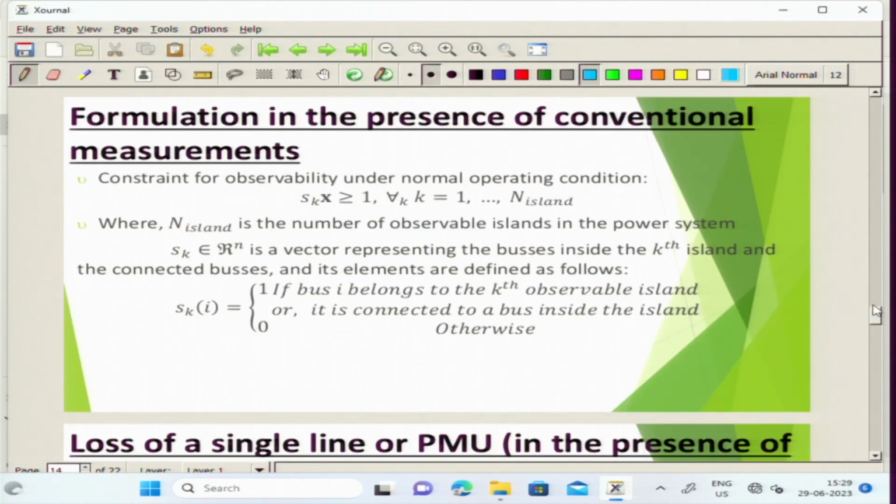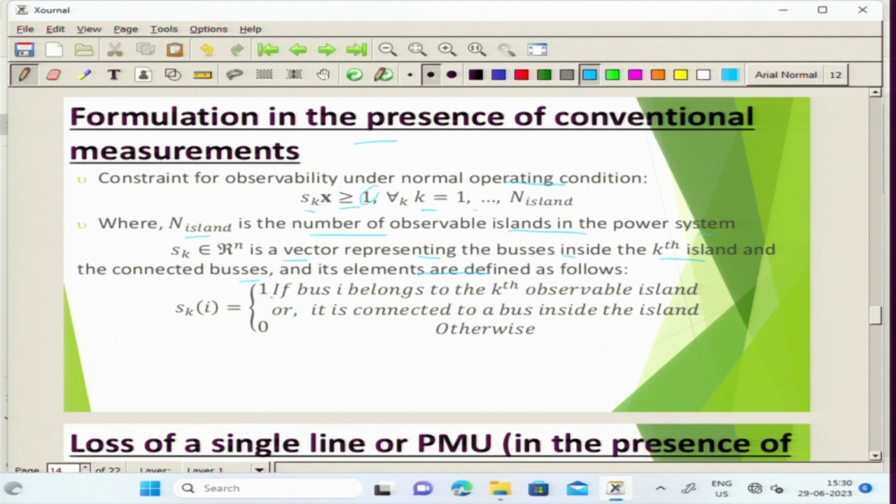So formulation in the presence of conventional measurements, constraint for observability under normal operating conditions: Sk(x) is greater than or equal to 1, for k equal to 1 to n_island, where n_island is the number of observable islands in the power system. Greater than or equal to 1 means at least one observability would be there. So Sk is a vector representing the buses inside the kth island and the connected buses, and its elements are defined as follows.